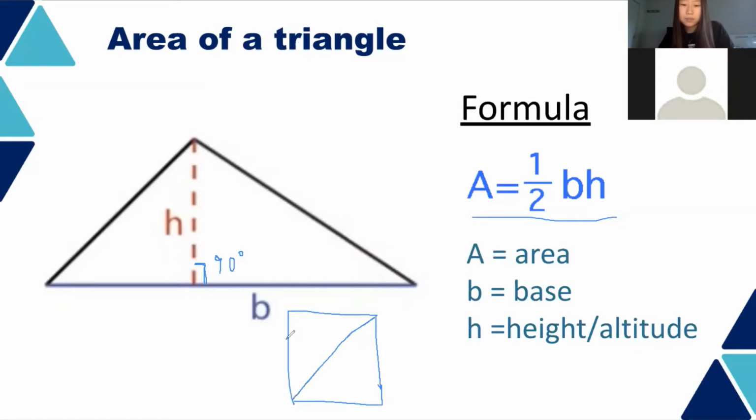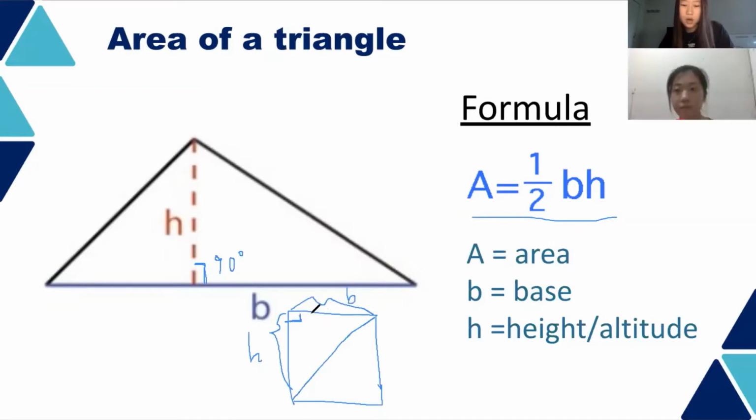The height of this triangle is this portion, which we can call H, and this part we can call B, which is the base. And here they form a 90-degree angle because we know squares and rectangles all have 90 degree angles on their corners.